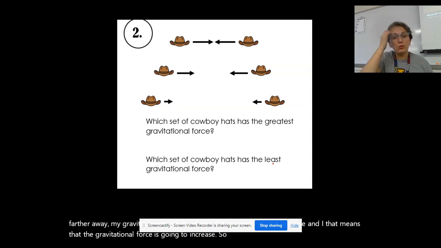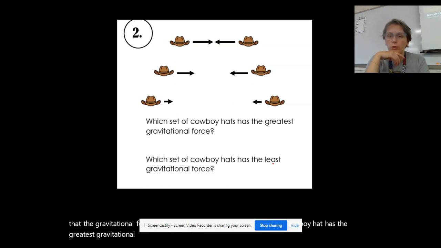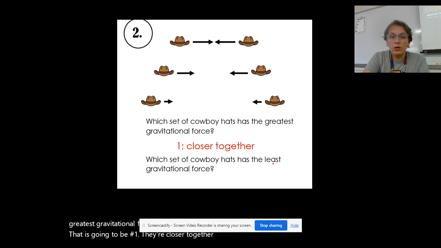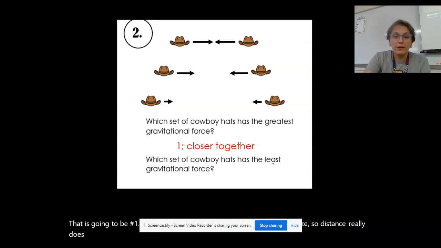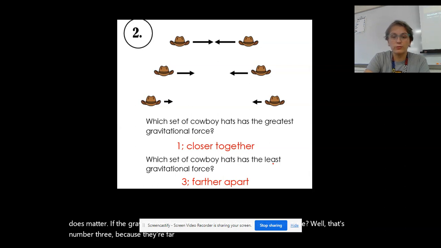So in this case, which cowboy hat has the greatest gravitational force? Well, which ones are the closest? That is going to be number one. They're closer together. Now, they're all the same size, so distance really does matter. Which one has less gravitational force? Well, that's number three because they're farther apart.